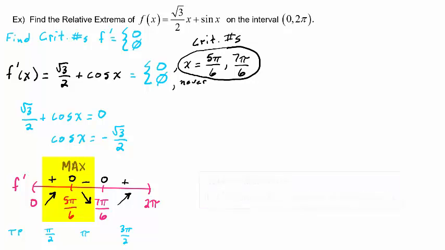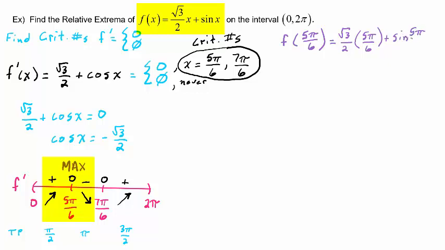So we have to evaluate f of 5 pi over 6. Remember, we plug into the function to find the y value, so that will be radical 3 over 2 times 5 pi over 6 plus the sine of 5 pi over 6.